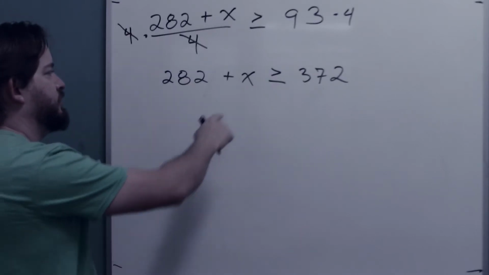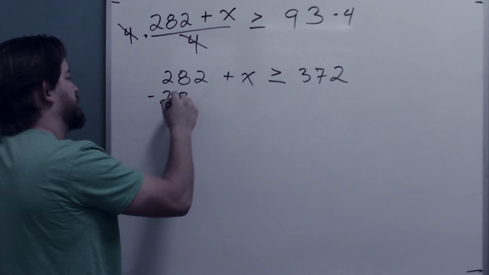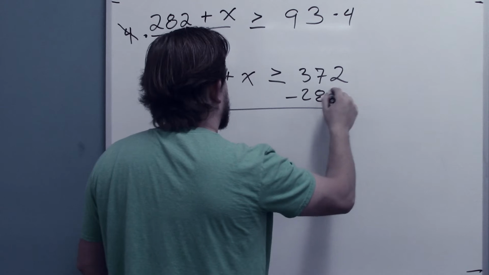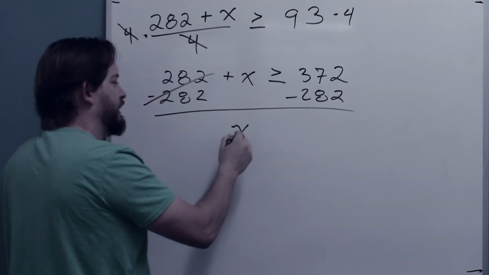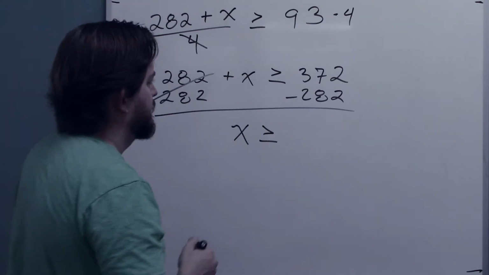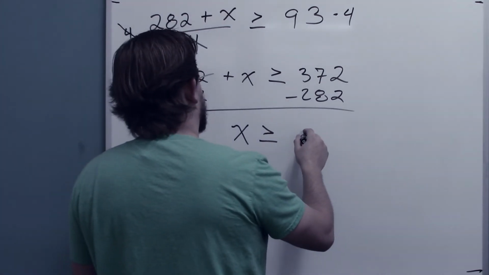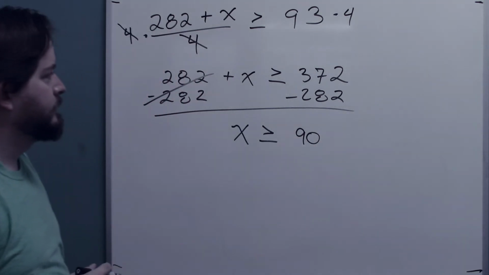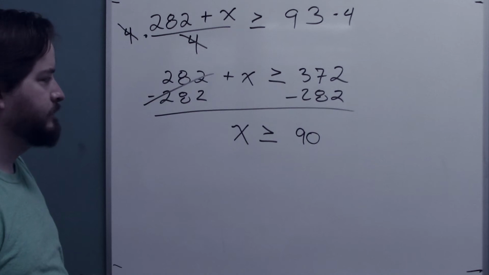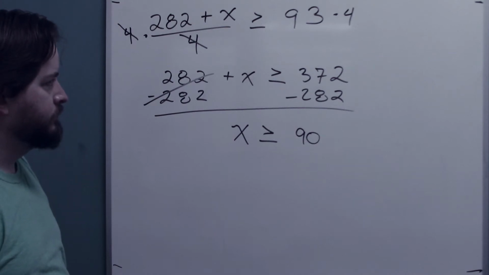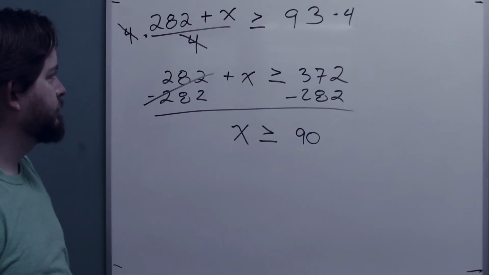We'll subtract your 282 and then just solve for x. So I've got x completely isolated, has to be greater than or equal to 90. Okay. Good.